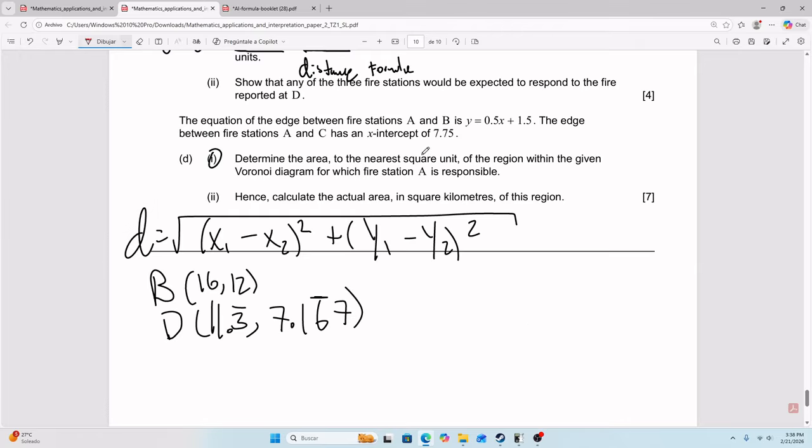I'd rather use decimals. And so here we can establish that 16 is x1, 12 is y1, 11.3 repeating is x2, and 7.167 is y2.